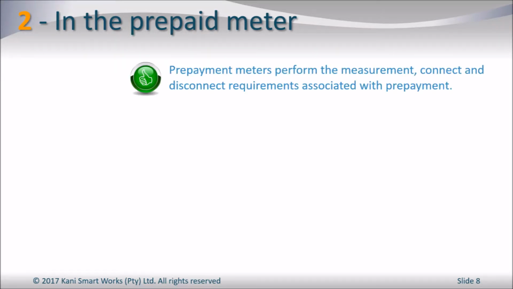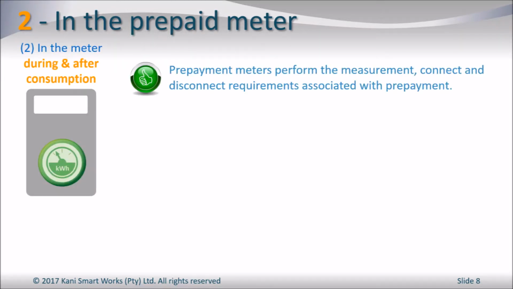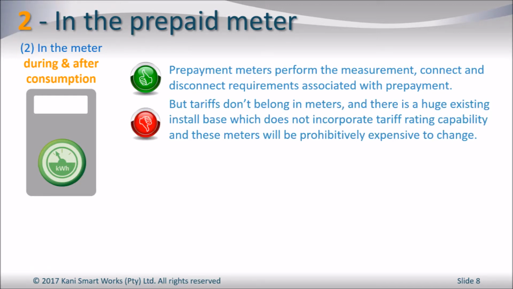Looking now at the time of consumption, which happens in the prepaid meter, prepayment meters perform the measurement, connect and disconnect requirements associated with prepayment, and they do it well. But tariffs don't belong in meters, and there is a huge existing install base which does not incorporate tariff rating capability, and these meters will be prohibitively expensive to change.